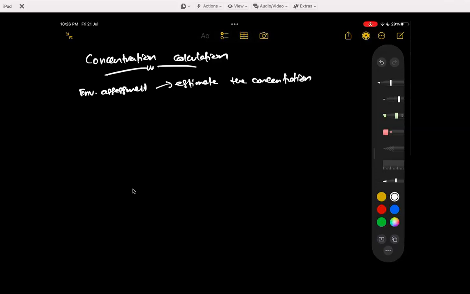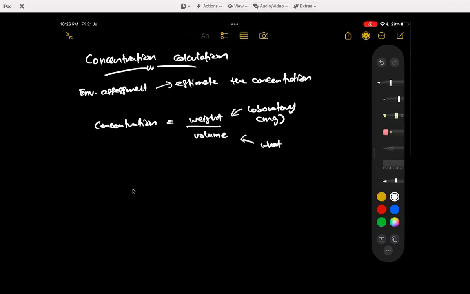In the last class, we already learned about the concentration equation, where the concentration is a formula related to the weight divided by the volume. The weight is obtained from the laboratory, usually expressed as milligram, and the volume is what we sample, here referring to the air samples that we collected in the field, expressed as meter cube.